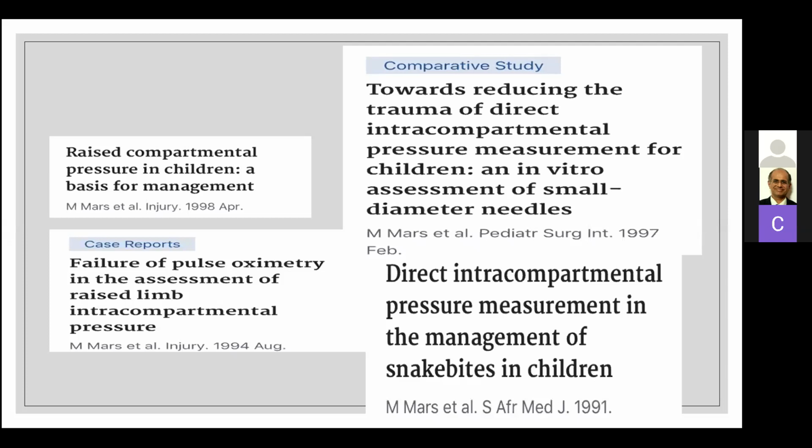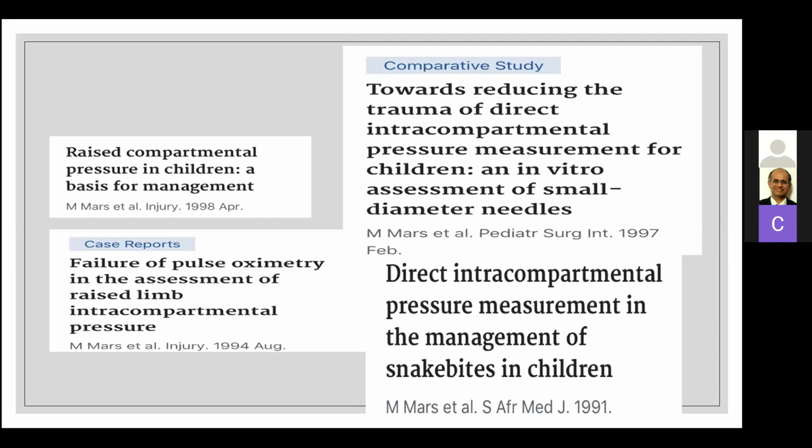What I'll just say about the ones that I haven't incorporated in the talk is the one about reducing the trauma of direct intracompartmental pressure measurement for children. He was checking, since I mentioned that with the Whiteside method they're using an 18 gauge needle, and he saw that that was causing trauma to the children as well as anxiety to the parents.